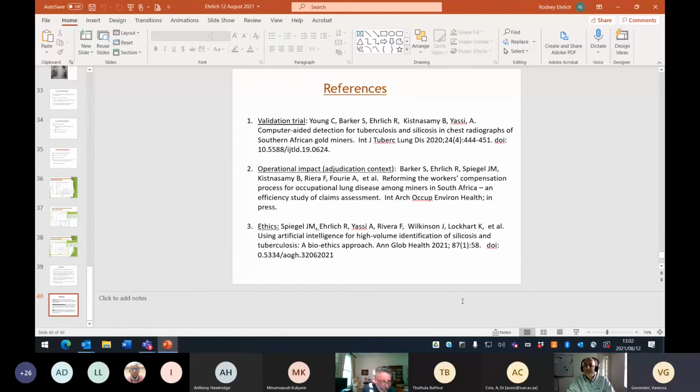Yeah, so coal miners have been understudied in this country. It was a later industry and not heavily dependent on migrant labor. They recruited locally, and I think conditions were generally better. I don't know what the prevalence is, and there's been some work on silicosis, but my understanding from presentations over the years is that they have lower TB rates.